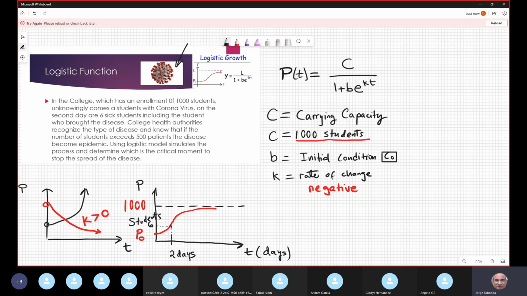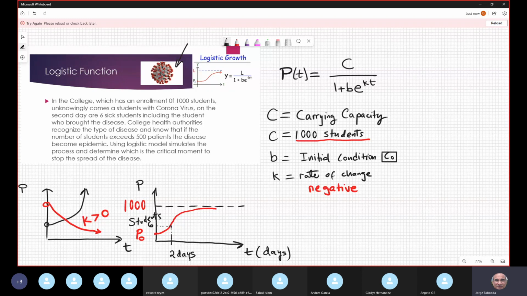This is a classical approach in epidemics in order to control this. So now I need to apply every resource that we have to avoid 500 patients. Use the logistic model to simulate the process and determine the critical moment to stop the spread of the disease. Okay.